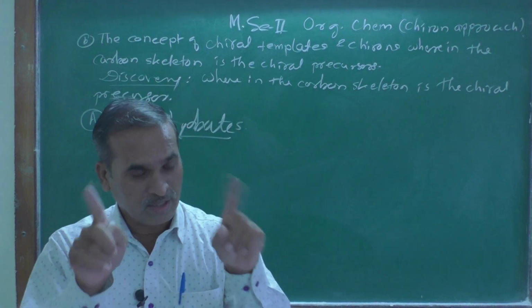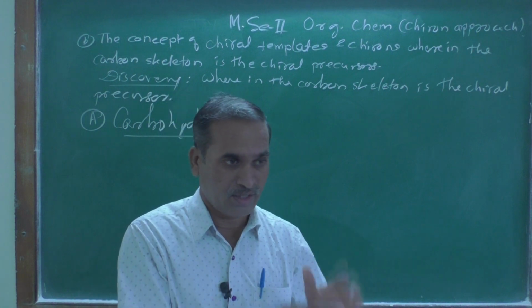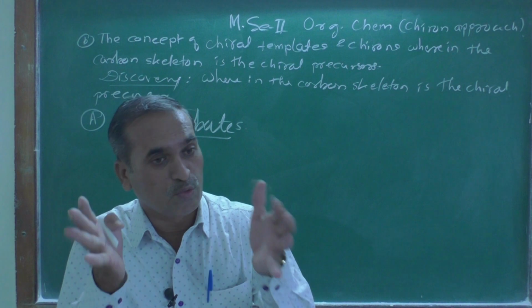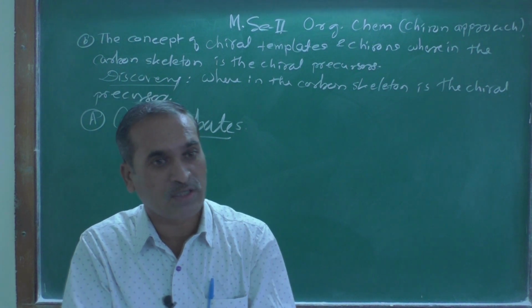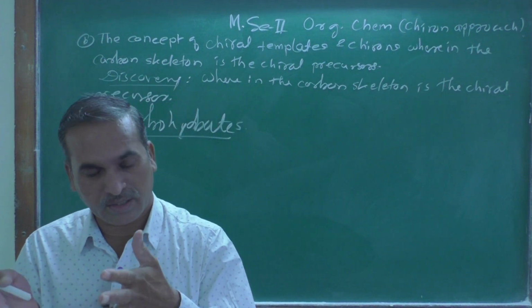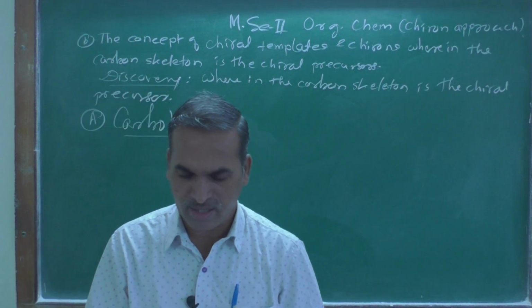As we know, carbohydrates contain a lot of hydroxyl groups, and they act as a potential handle, so we can introduce or remove them whenever we require. So that's the intermediate in organic synthesis.